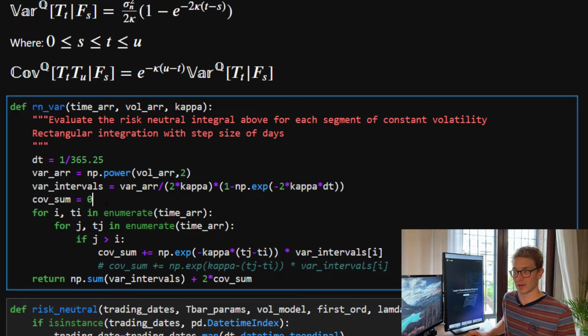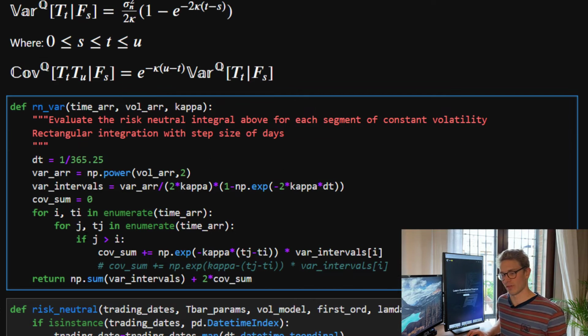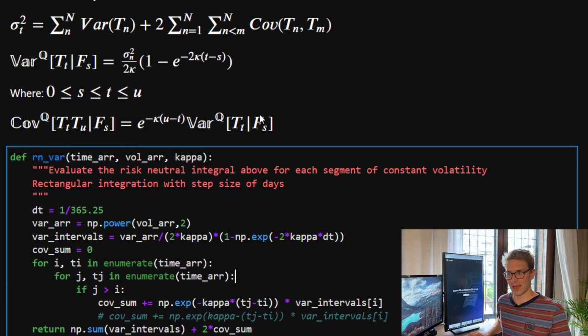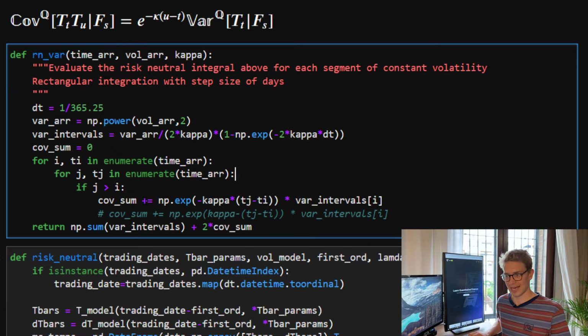Now for the covariance, I'm going to take the sum over all the time array summations. So for the first iteration, I'm going to go over all of the days. And then for the second iteration, so before we had n and m, and here I'm using i and j, sorry for the inconsistency, but if j is greater than i, so if m is greater than n, then I want to take the covariance sum and add our value here, which is the exponential of minus kappa times u minus t.